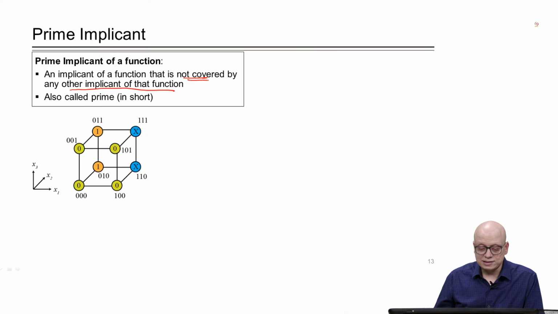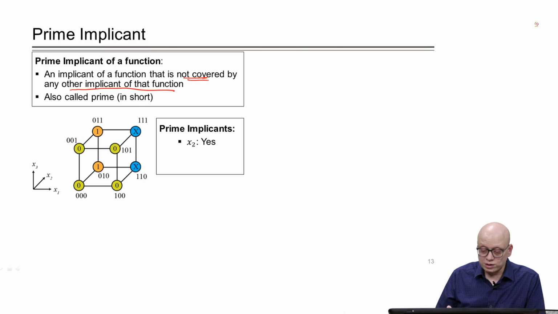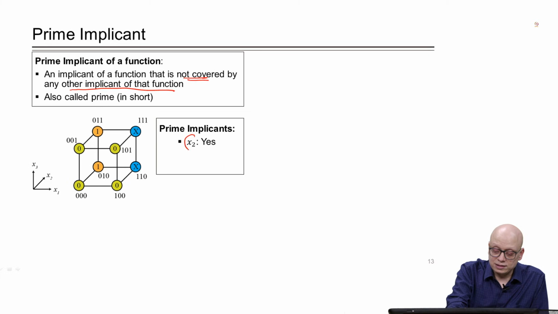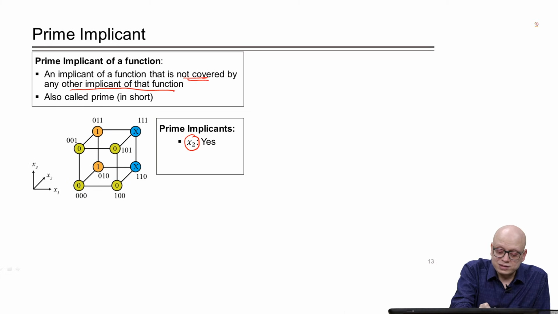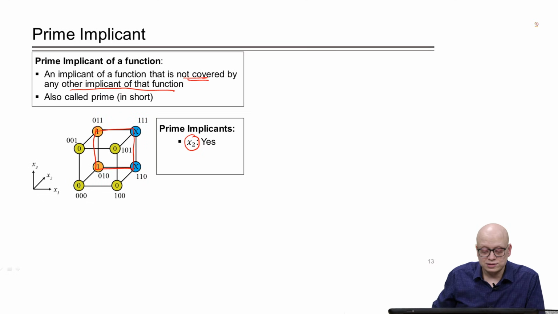So, now let us take an example. Suppose this is the function. Now, in this function, if we look into the implicant x2, x2 represents all these corners, and this implicant is not covered by any other implicant of this function, and therefore, this is a prime implicant.